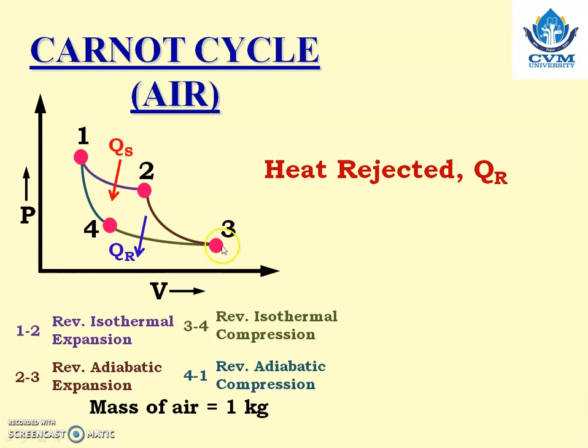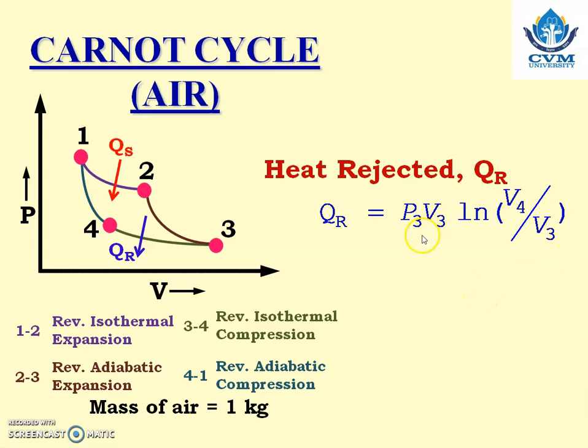Now again, heat rejection takes place during which process? Process number 3 to 4. And process number 3 to 4 is again isothermal process. So we can use the same equation, PV ln R. But PV means here it is point number 3. So we can write down P3 V3 ln V4 by V3.